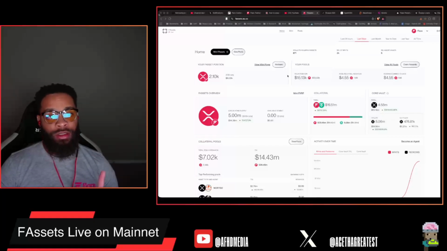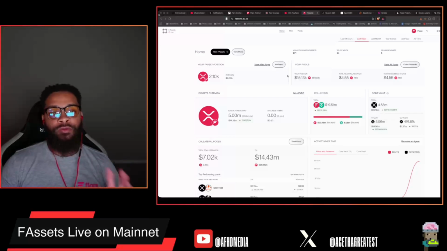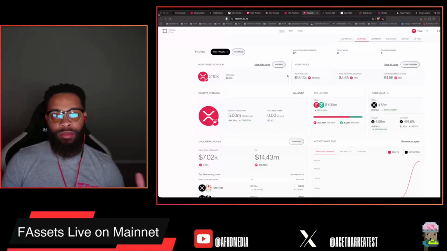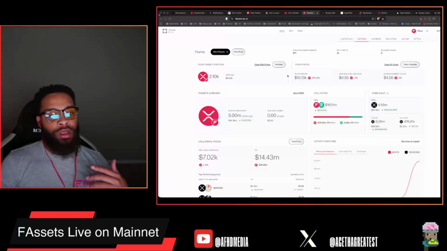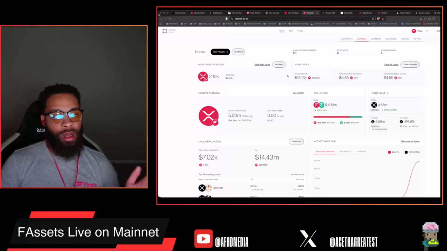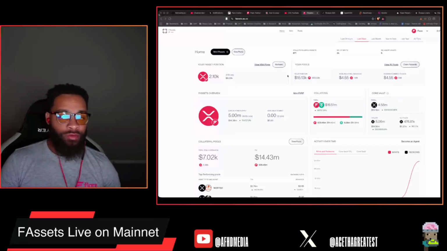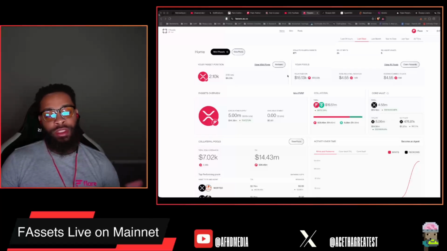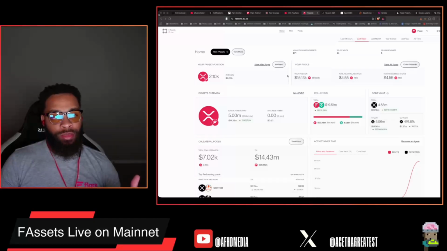Do not trade for FXRP on a high premium. Don't feel the need to FOMO into FXRP because you weren't able to mint FXRP when lot space was available. It, in my opinion, would be more idiotic than anything to swap for FXRP on a high premium and pay more for FXRP than what the underlying asset, which is XRP, is worth. Obviously, you can do that, but that'd be foolish, in my opinion.